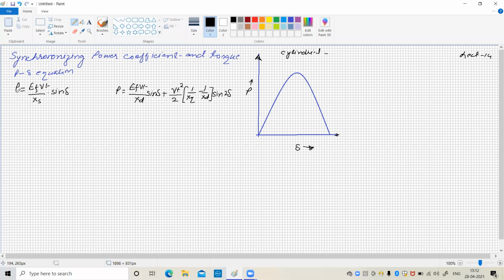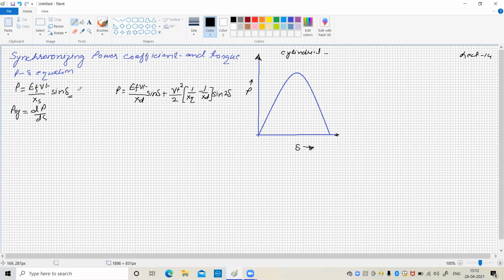That is, the derivative of the power equation with respect to angle delta. It is written as synchronizing power coefficient PSY is equal to dP upon d delta.